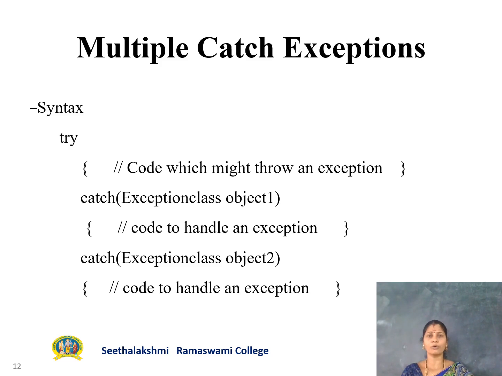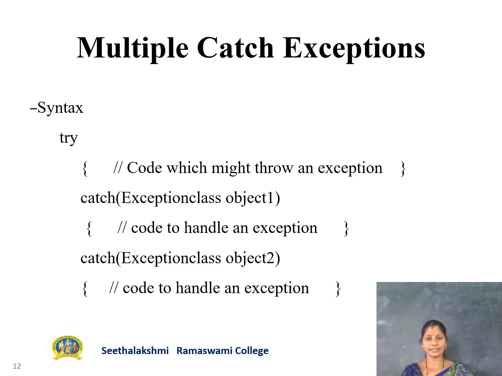Next, we want to use multiple catch exceptions. What is the general form of multiple catch exceptions? Try, open curly bracket, and code which might throw an exception. Catch statements also occur in this kind of try statement.